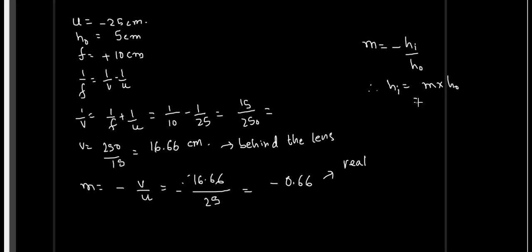Magnification we just got, minus 0.66, into height of the object, 5. If you do this, we get minus 3.3 centimeter. Write all your units properly and carefully. The negative value of the image height indicates that the image formed is inverted.